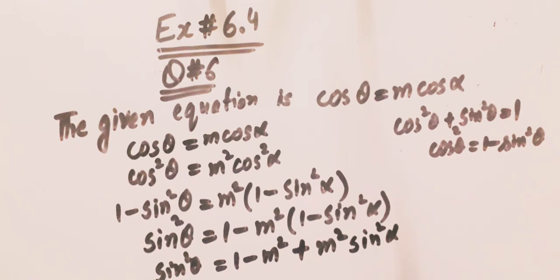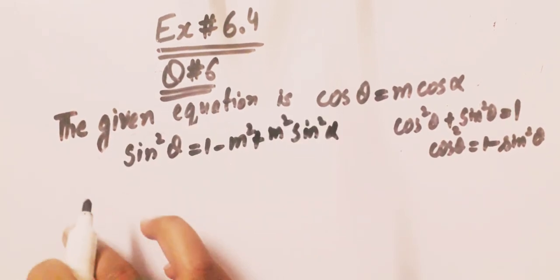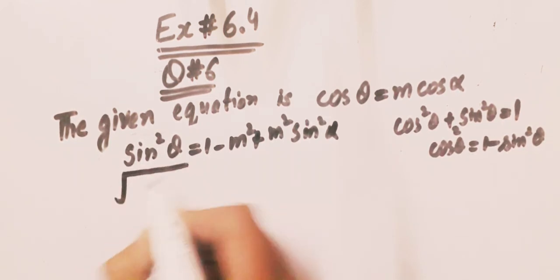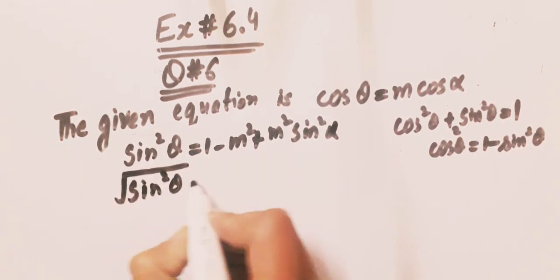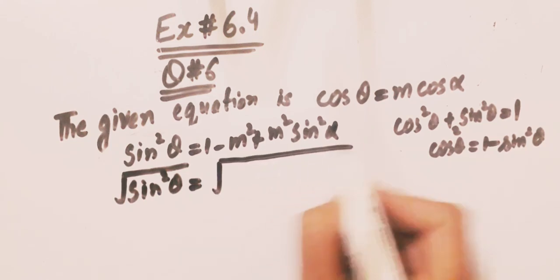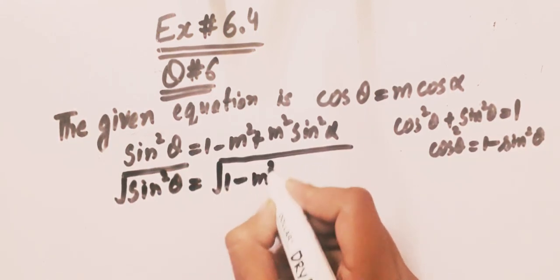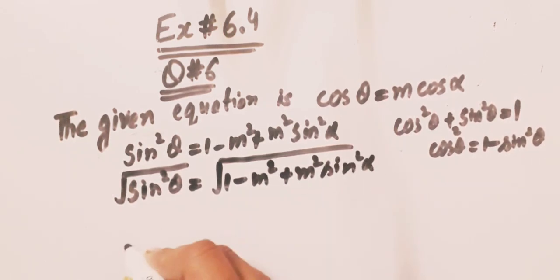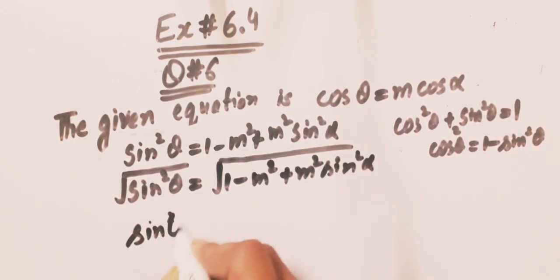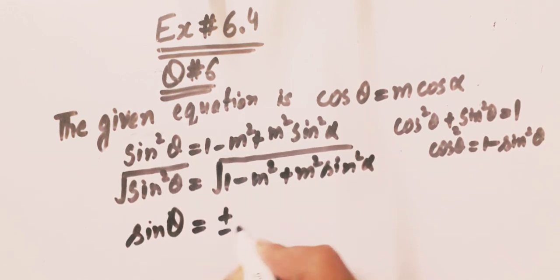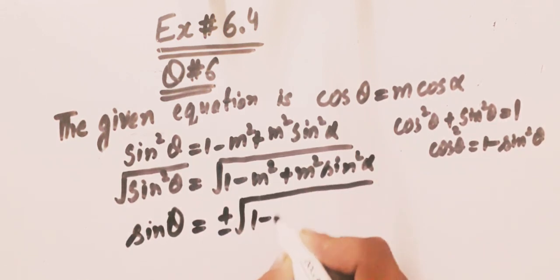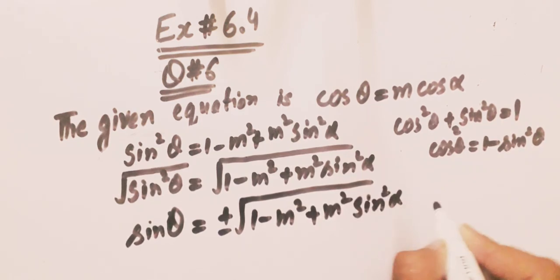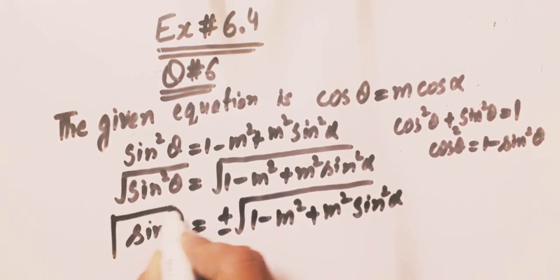So we have to find the value of sin theta. For this purpose we will take square root on both sides. So sin theta will be equal to plus minus square root of 1 minus m square plus m square sin square alpha. So this is the solution of this question.